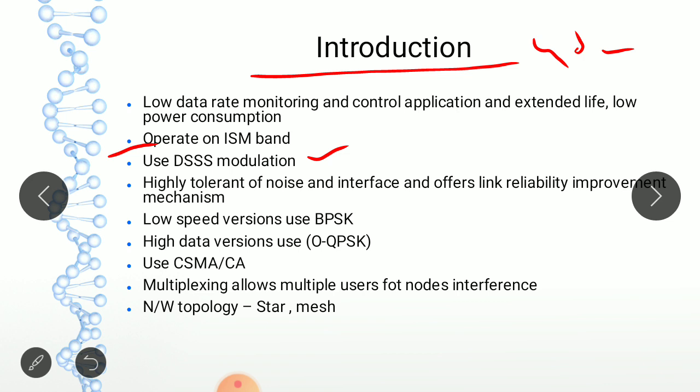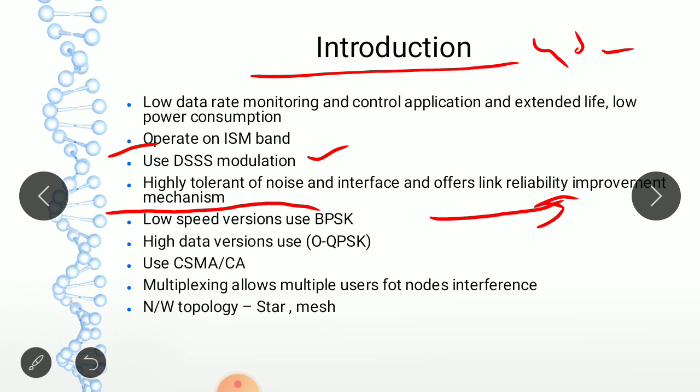So if we have a noisy network, we use DSSS to remove the noise. It is highly tolerant to noise and interference, and it also offers reliability to our network.